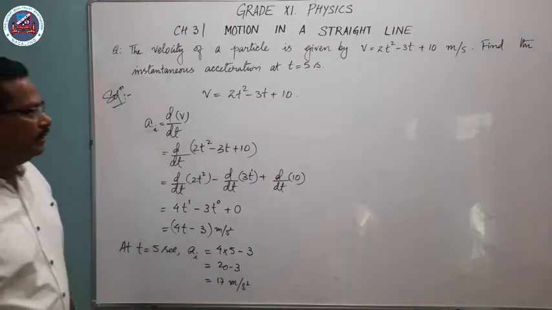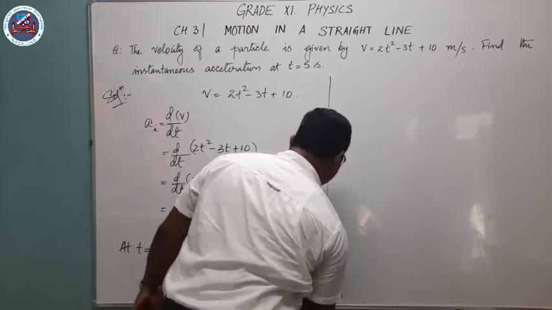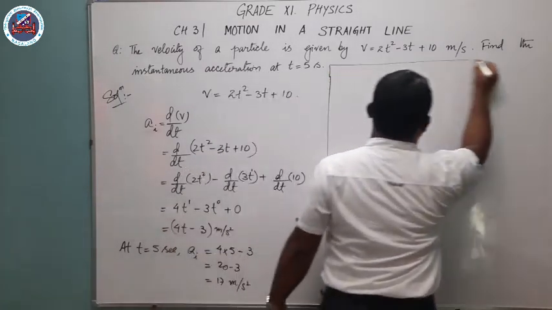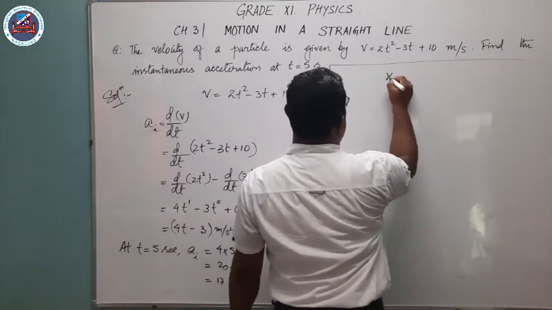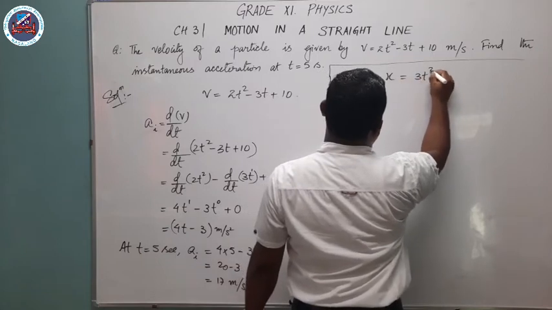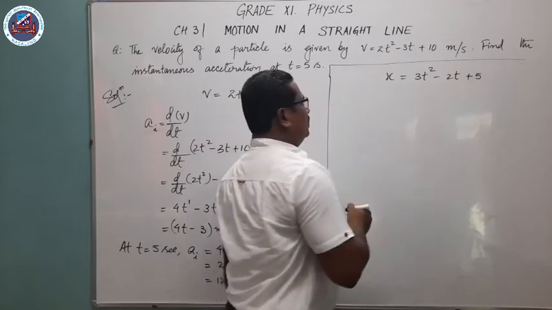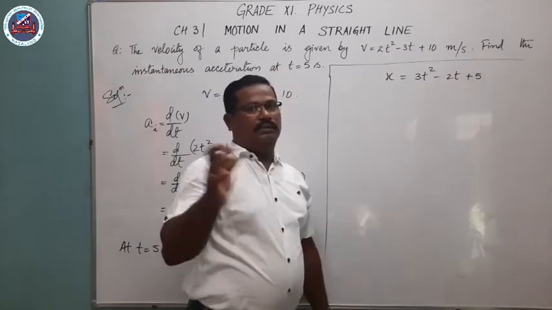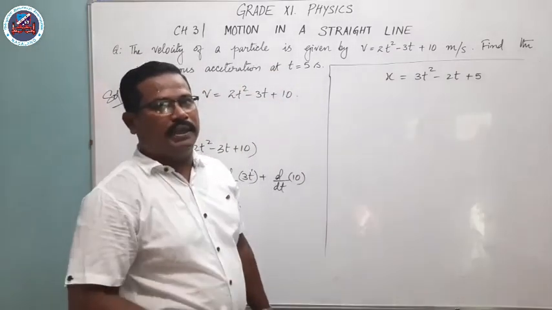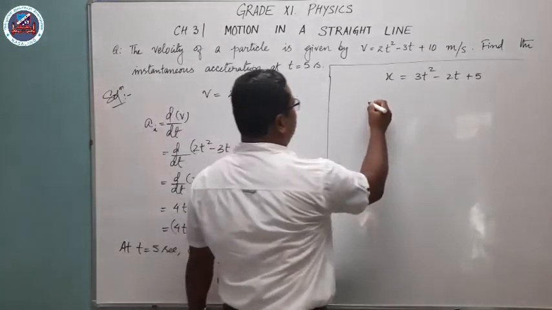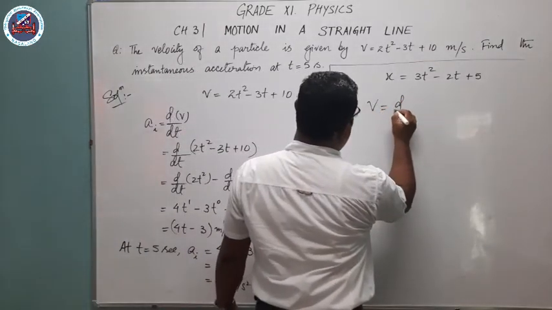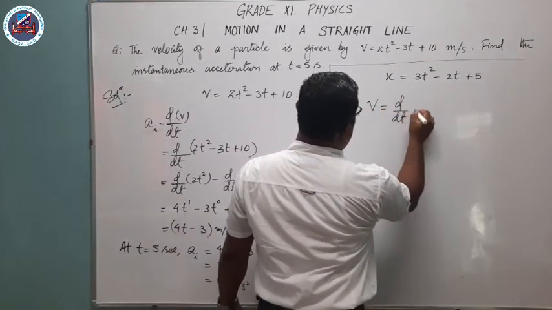So like that, if I give an example, suppose the position of an object is given by this formula x equal to 3t square minus 2t plus 5. You are asked to find out the velocity and the acceleration. To find the velocity, you will differentiate position.